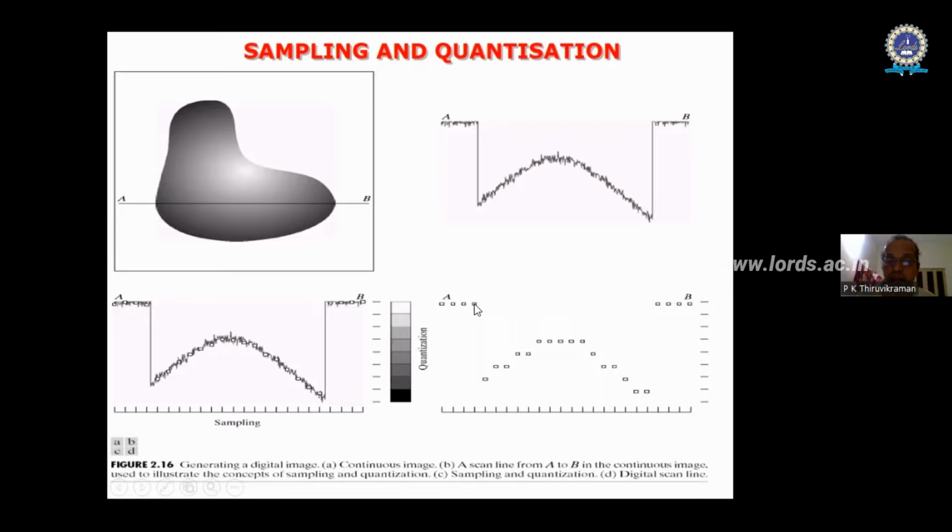Then you can see that this final image on the right bottom is the quantized and sampled image. So both effects are seen here. There is a discretization in the spatial domain, which is sampling, and in terms of intensity also there is discretization, which is what is known as quantization.